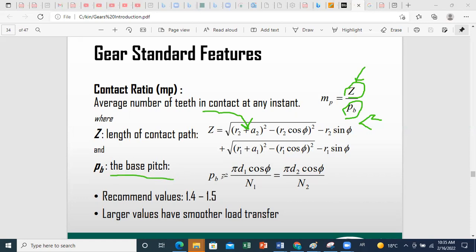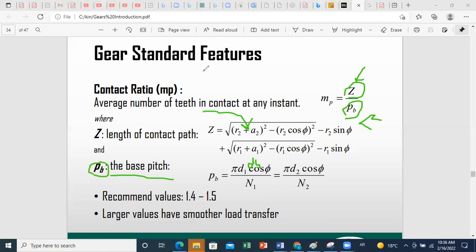We have already defined the diameter of the base circle, so all you have to do to get the base pitch is pi times dB, the diameter of the base circle, over the number of teeth. This will allow you to calculate PB.